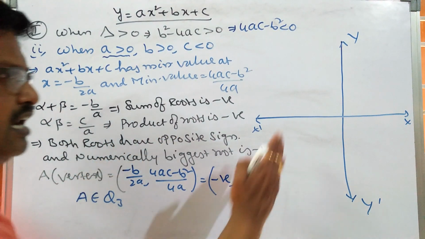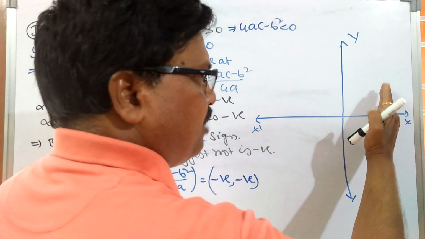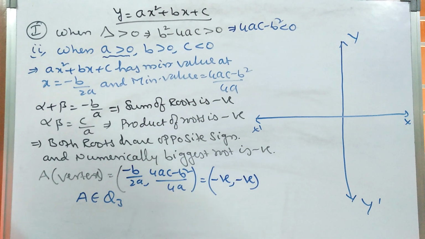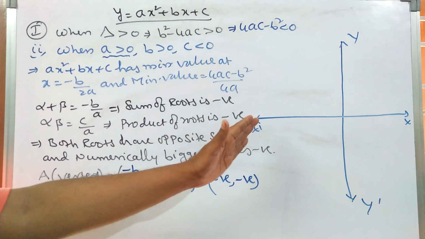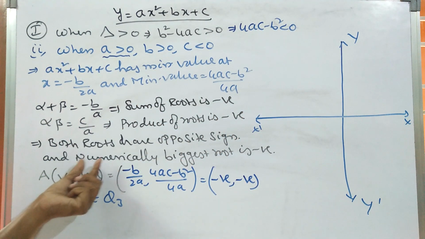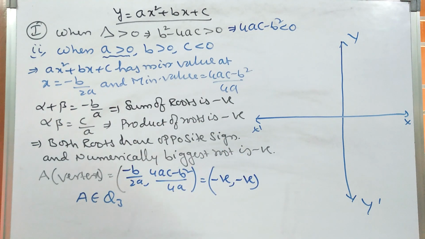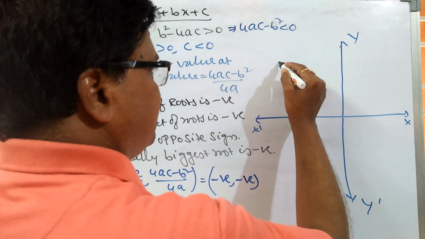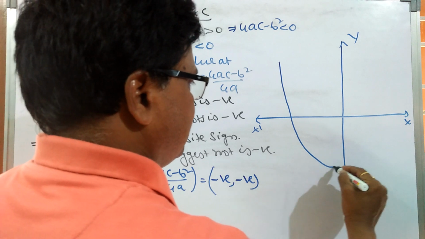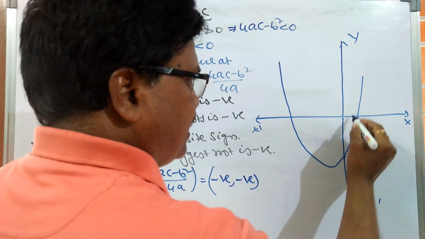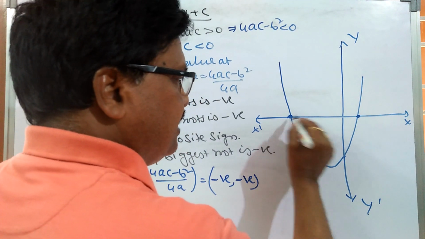Opposite signs means the graph will intersect at one point on the positive x-axis and at one point on the negative x-axis, because one root is positive and another root is negative. And since the numerically biggest root is negative, the graph will be like this. Here it is intersecting, and here it is intersecting.